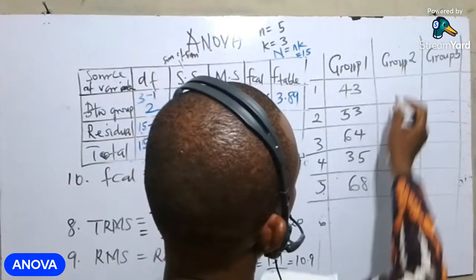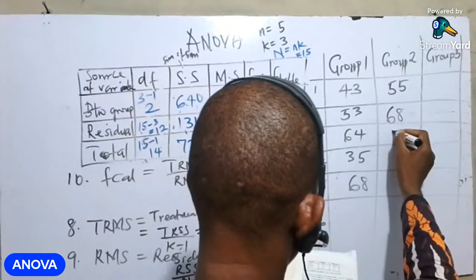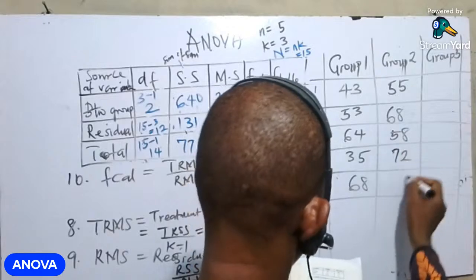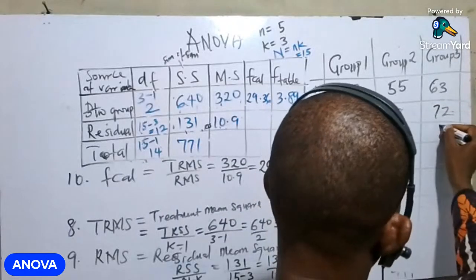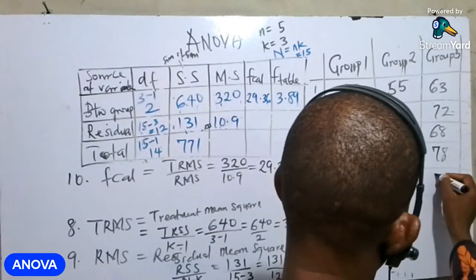Second method, the students got 55, 68, 58, 72, 65. For the third group, the students got 63, 72, 68, 78, and 87.